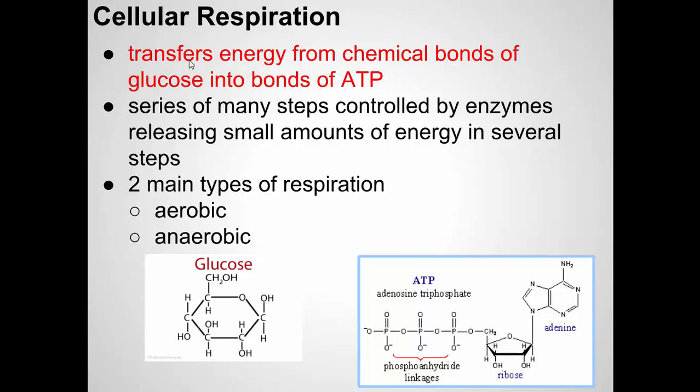Breaking those bonds can harness that energy. So glucose, 6-carbon sugar, has energy stored in the bonds that hold those atoms together. And when those bonds are broken, the energy can be harnessed. This happens through a whole bunch of steps, sort of where small amounts of energy are extracted a little bit at a time, producing ATP.